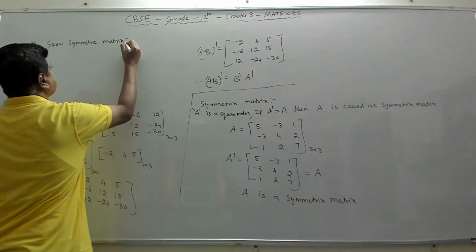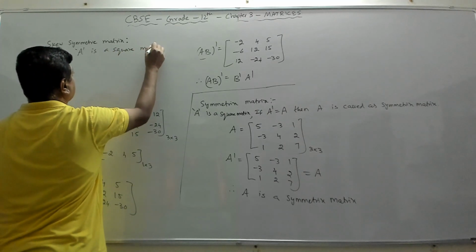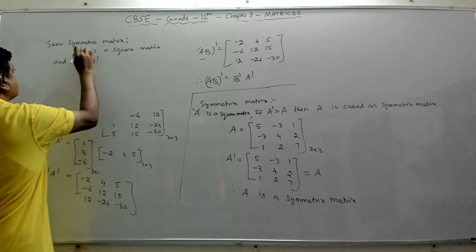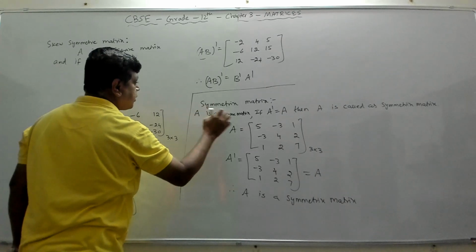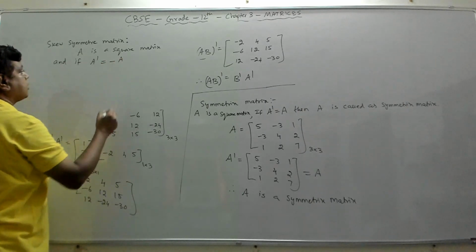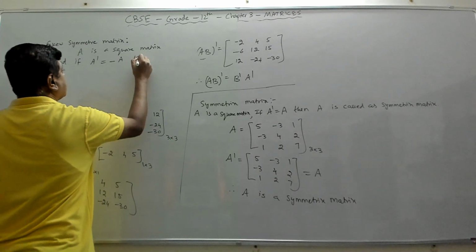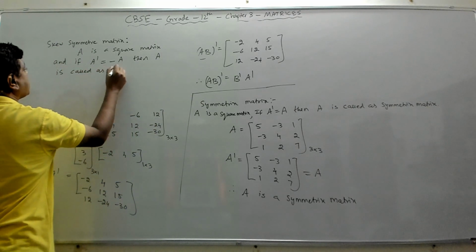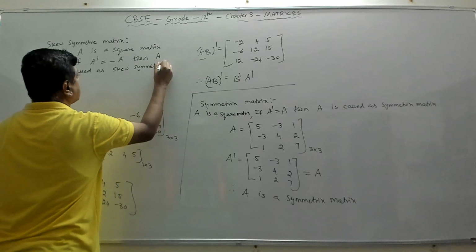The definition: A is a square matrix, and if A transpose equals minus of A, negative of A, then A is called a skew symmetric matrix.